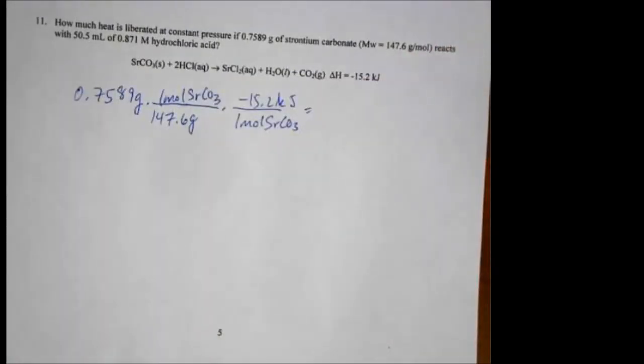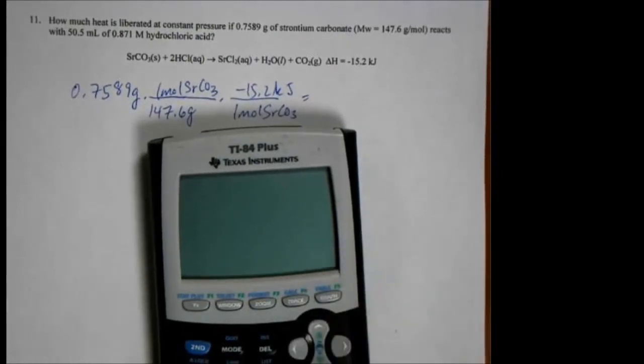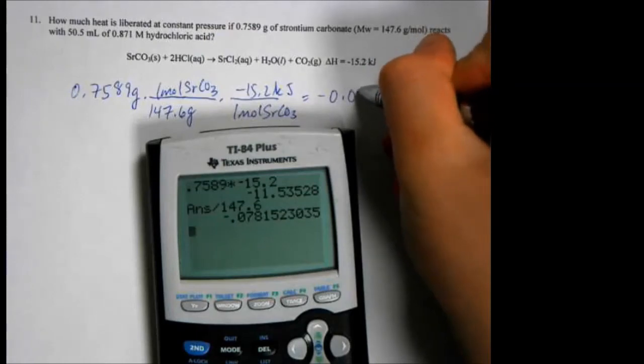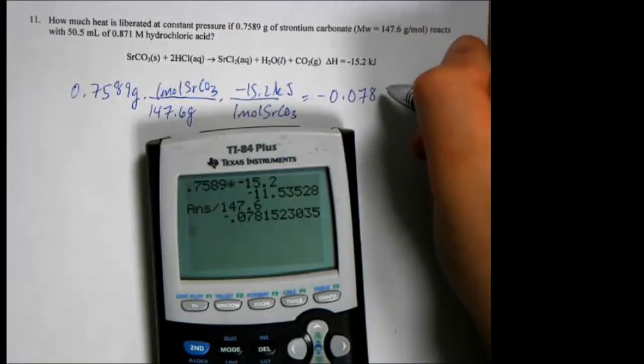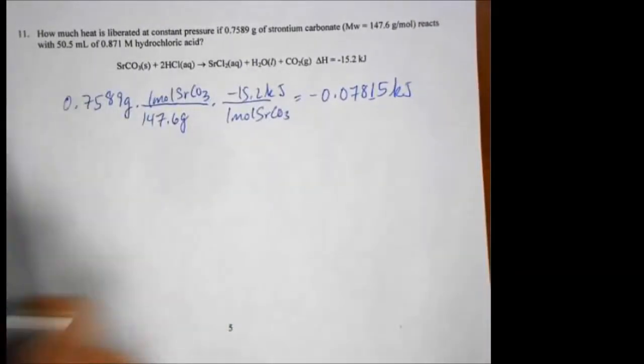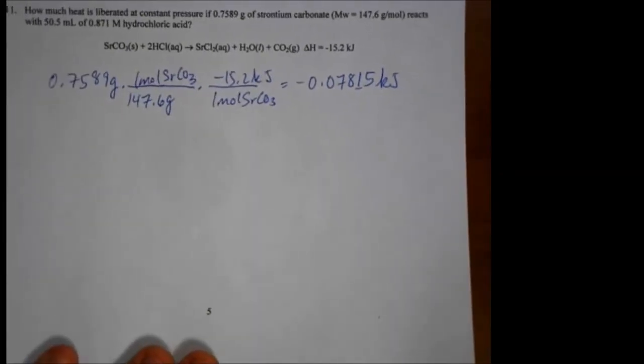So from this we're going to get our answer, which is 0.7589 times negative 15.2 divided by 147.6. So that's going to give us negative 0.0781 kilojoules.